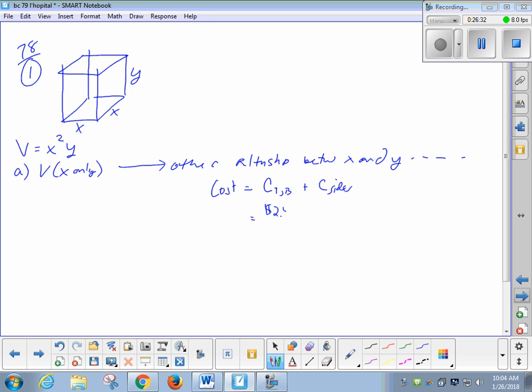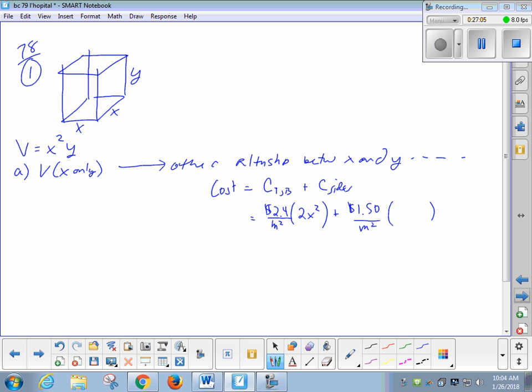This is one of the few problems where I do like to include units. $2.40 per square meter, but then the total cost would have to multiply that by how many square meters. Well, how many square meters in the top and the bottom? Formulaically. X squared, top and bottom, so 2x squared. The sides are $1.50 per square meter. And I'd have to figure out how many square meters to the sides. How many square meters to the sides?